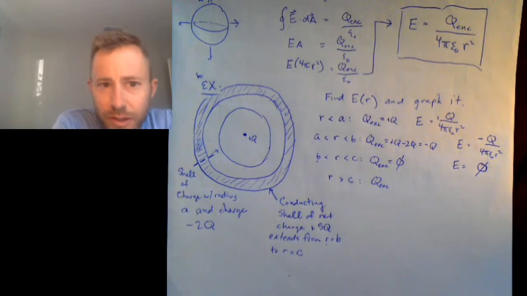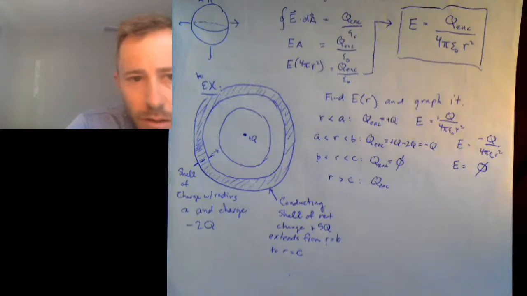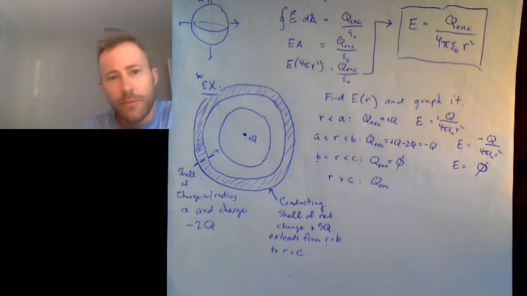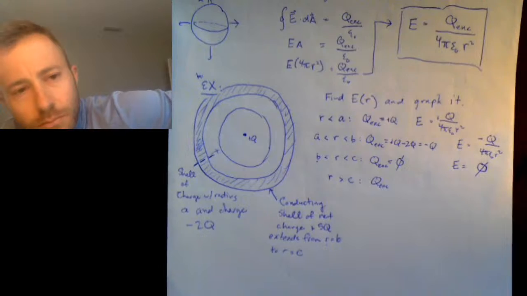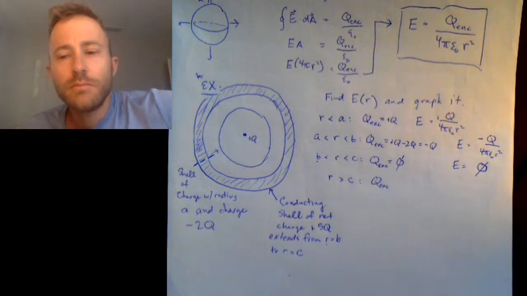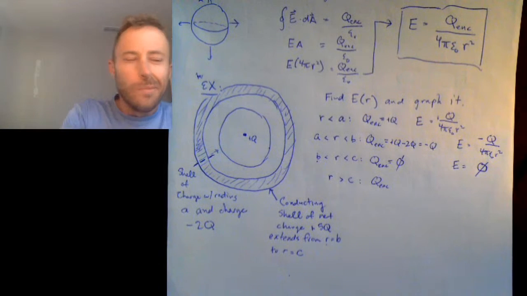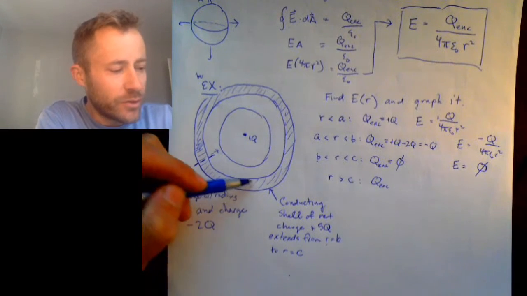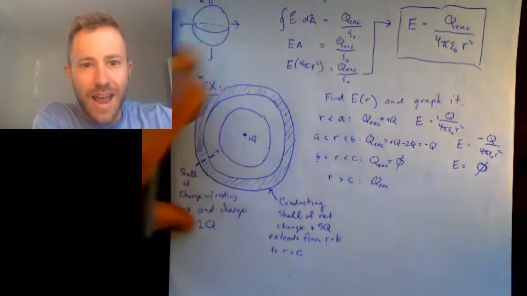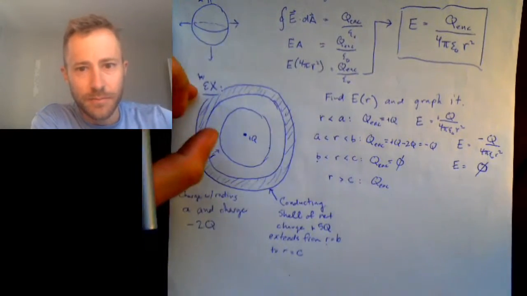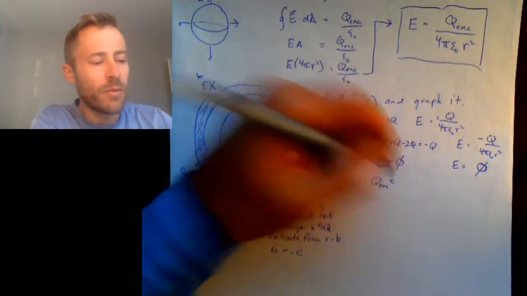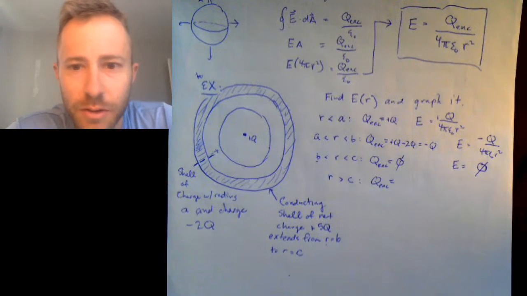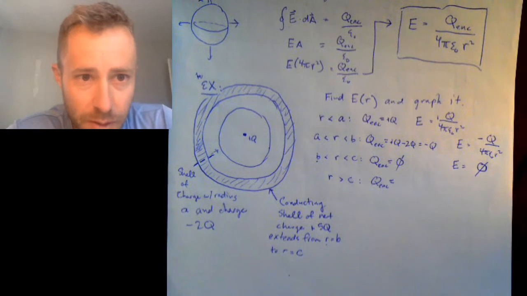So the last case is, what if we have a Gaussian surface that encloses everything? What is going to be the total amount of charge enclosed if it encloses everything?